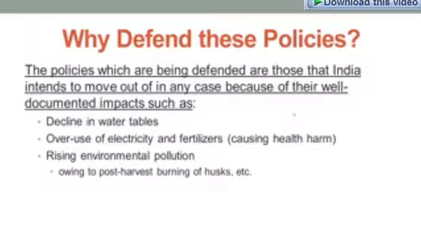Now, in addition to that, these policies that we want, providing support for farmers and all these things, are things that we anyway want to move out of, because they have a lot of bad impacts. India has to move out of those.